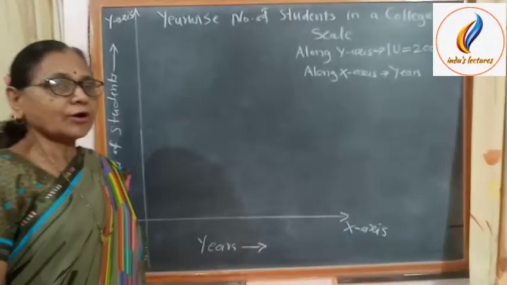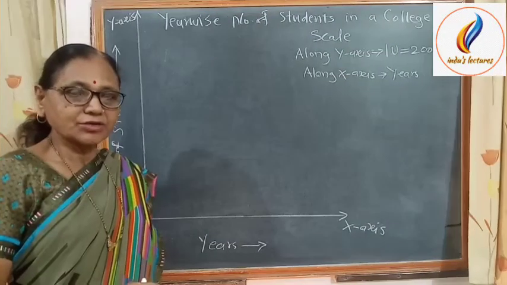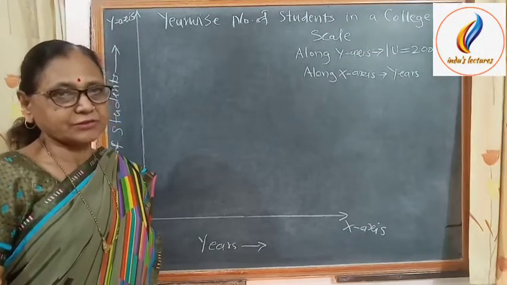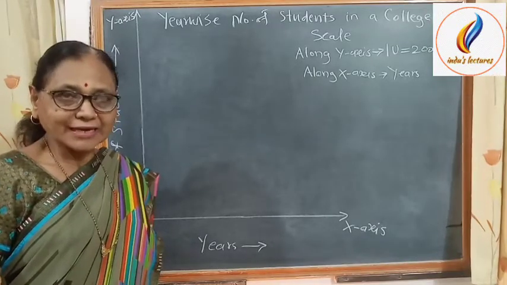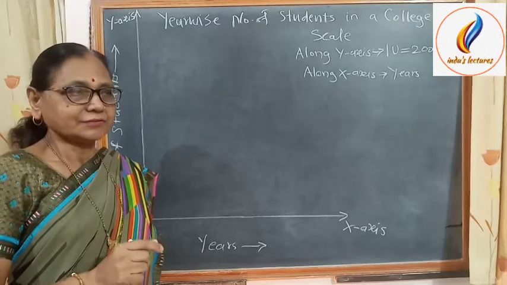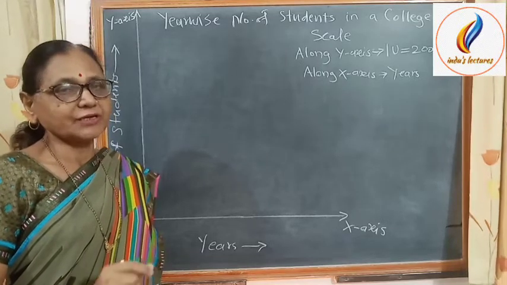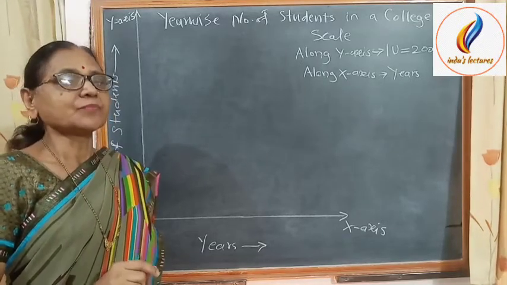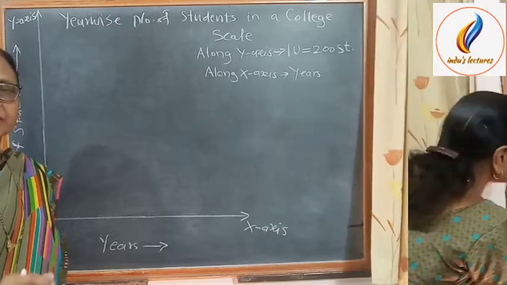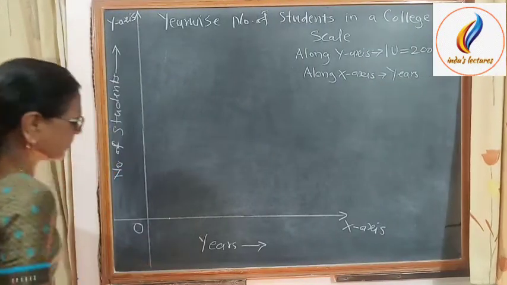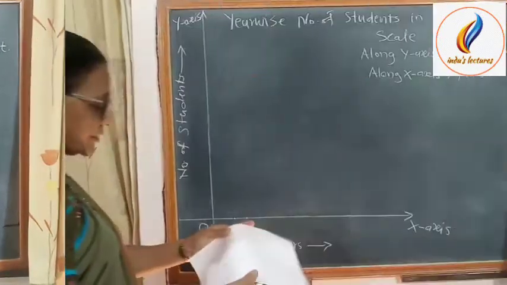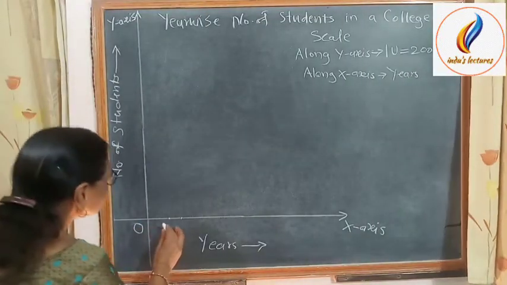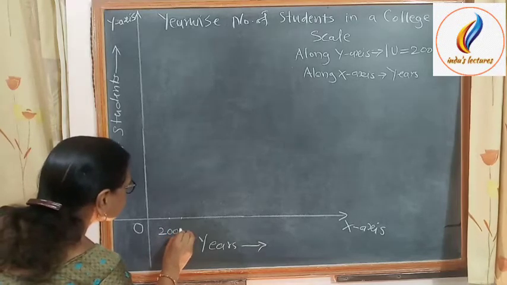Now while plotting, the bar is not governed by any strict rules. But we have to keep in mind that the width of each bar should be equal and the space between two bars should be equal. Take a distance from the origin and decide the width of the bar. The first year is 2000, so write here 2000.